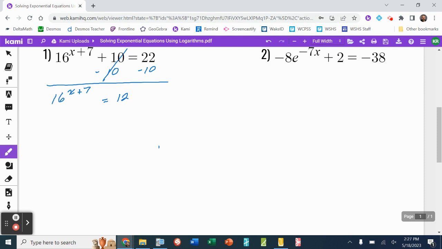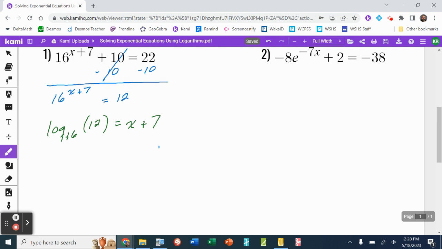The base of my exponential here is 16, so I'm going to write a logarithm, and it's going to be log base 16. The argument for that logarithm is going to be 12, and then the logarithm is always equal to the exponent, in this case, x plus 7.